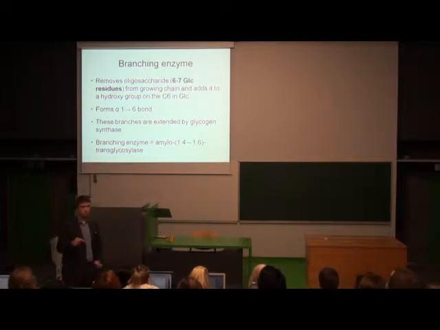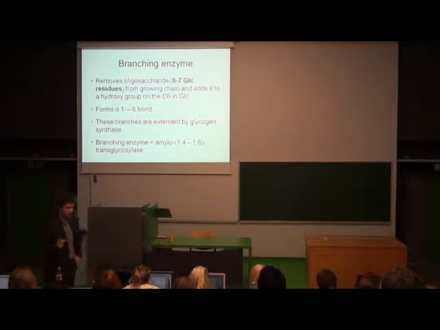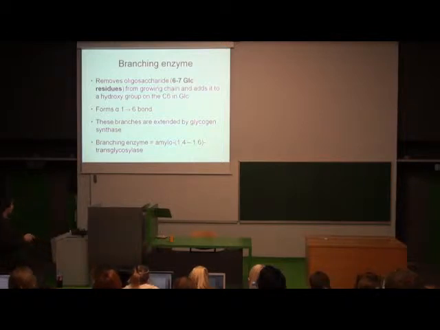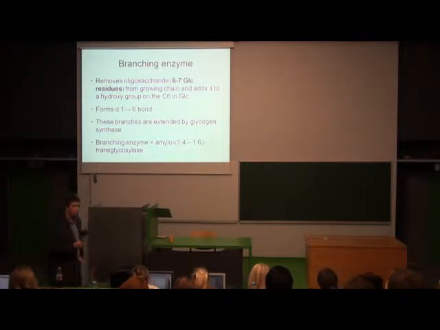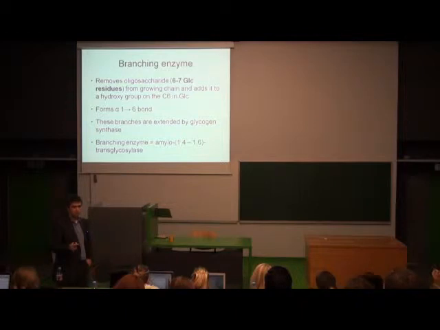So the branching enzyme cuts off 6 or 7 glucose molecules and forms a branch with an alpha 1 to 6 bond. For this, you do not need any activation or ATP. And these branches can then be further prolonged by glycogen synthase, by alpha 1 to 4 bonds.